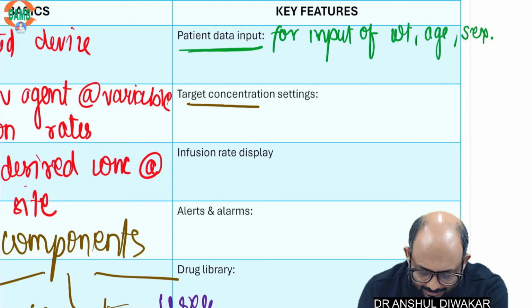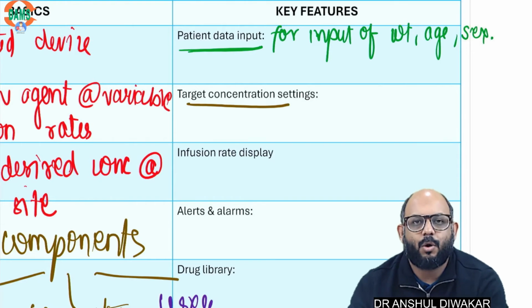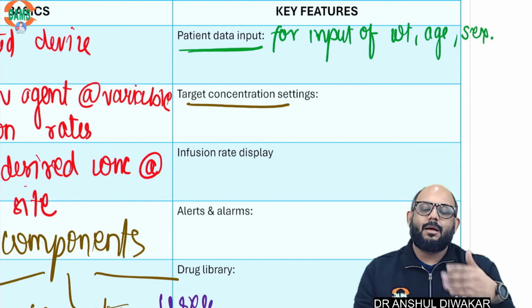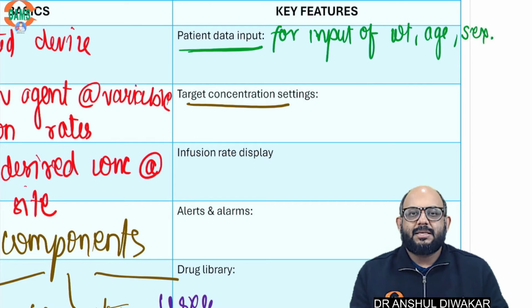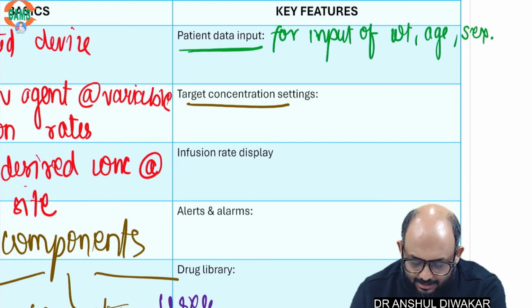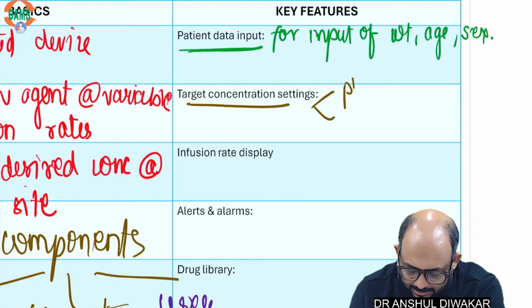Then you have target concentration settings. What are the targets that you want to achieve? So it differs, right? If you are using single drug TCI, then the target will be different if you are using 2 drug TCI or 3 drug TCI. So therefore you set the target concentration, and whether that target concentration is plasma site or effect site.